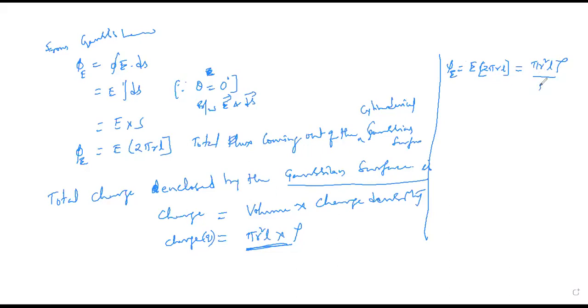So after simplification, what will get cancelled? Pi will get cancelled, r will get cancelled, L will get cancelled. One r is left over, and the 2 comes to this side. So it should be E equals rho r by 2 epsilon naught.